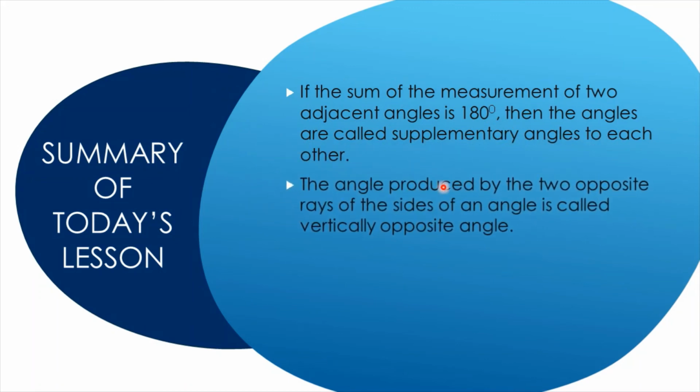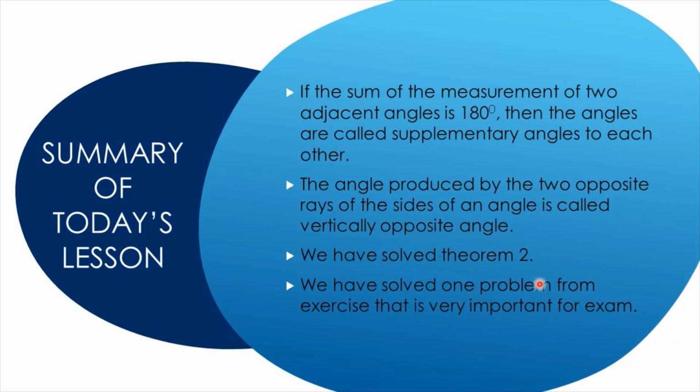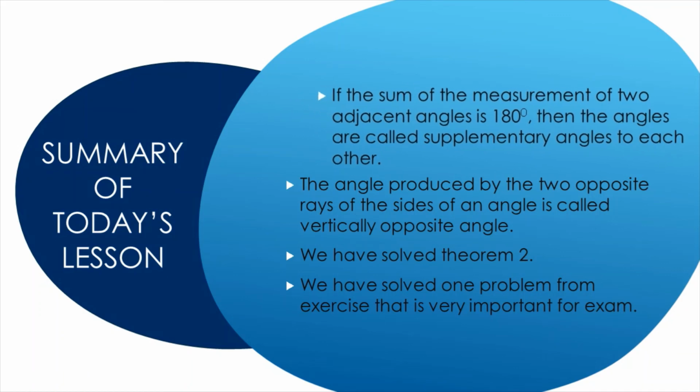And the angle produced by the two opposite rays of the sides of an angle is called vertically opposite angle. Already we have discussed. We have solved theorem number 2. We have solved one problem from the exercise that is very important for examination. So my dear students, this is the summary of today's lesson.